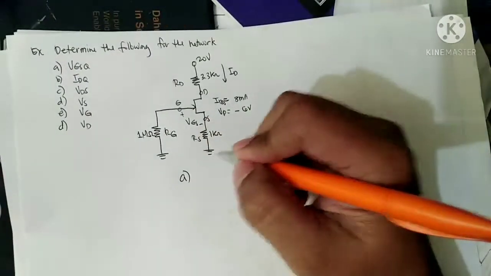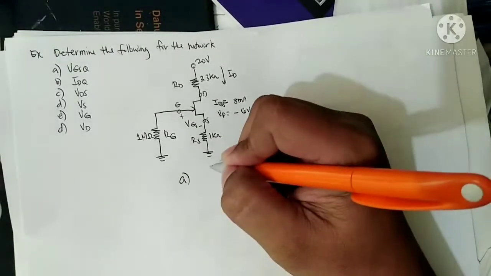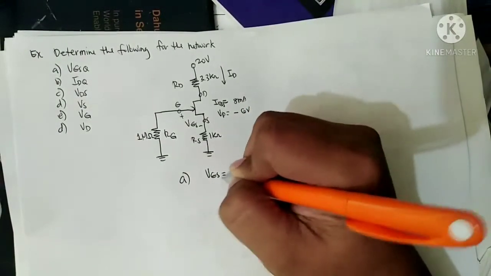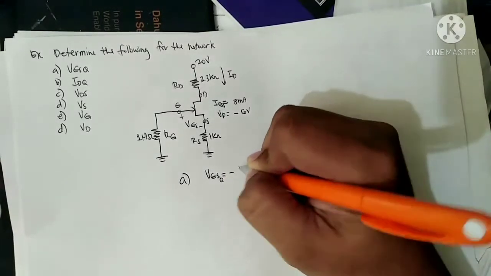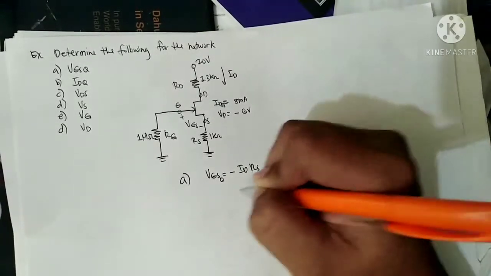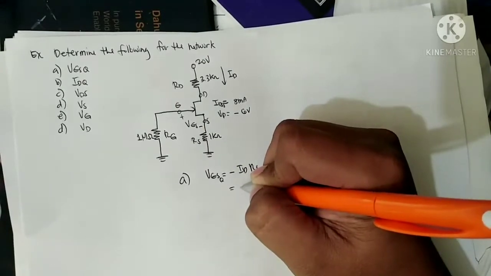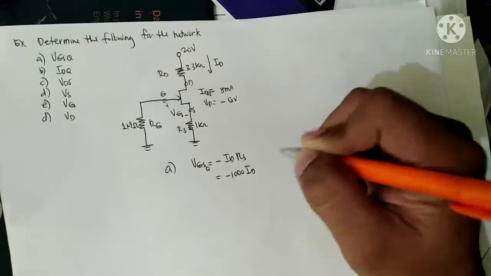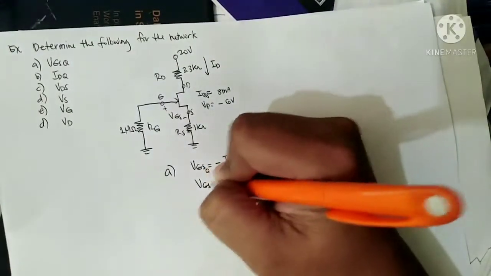VGSQ is equal to negative ID RS. Therefore this is negative 1000 ID. Since we have no variable solved yet, let's name this equation 1.